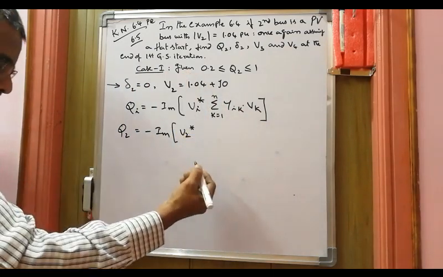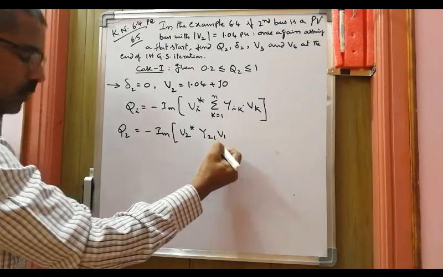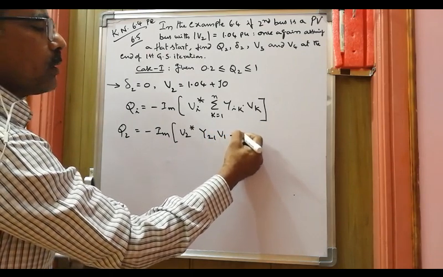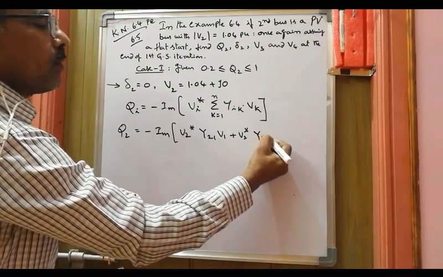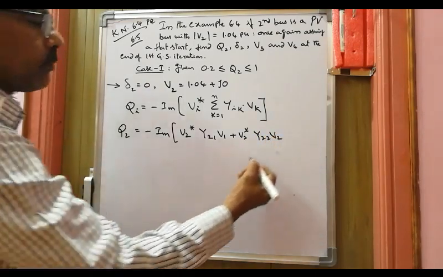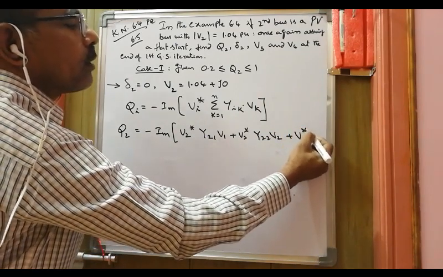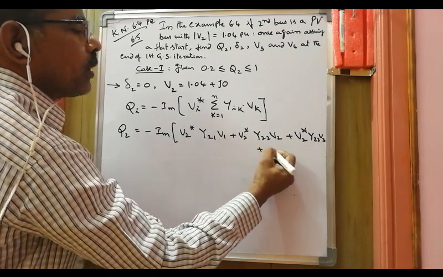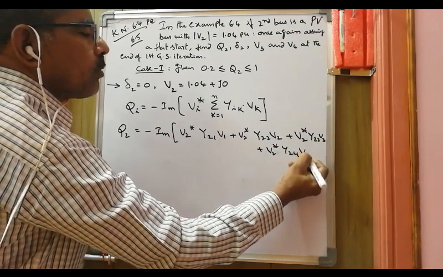So V2 conjugate Y21 V1 plus V2 conjugate Y22 V2 plus V2 conjugate Y23 V3 plus V2 conjugate Y24 V4.